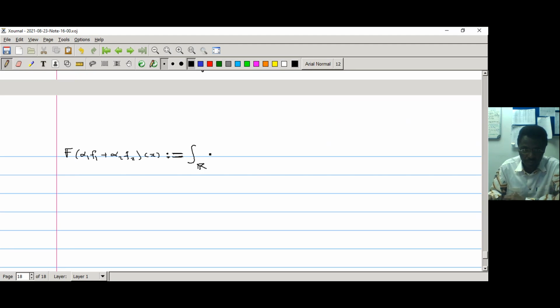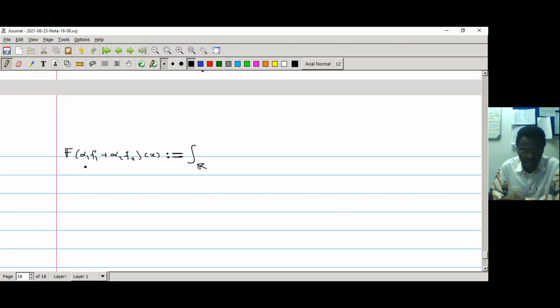Maybe I say something that's not correct. But anyway, what I will do here, I will first write f and then g. So if I have f here, I will say f of x minus y and then g.